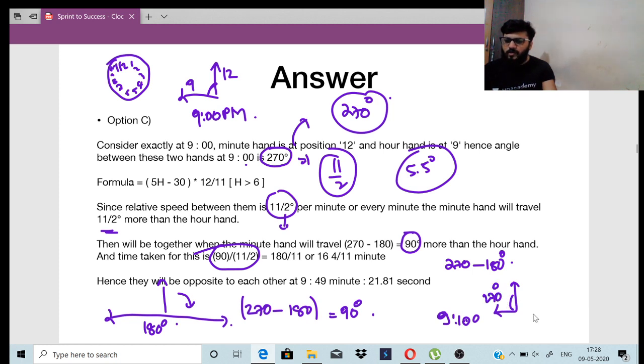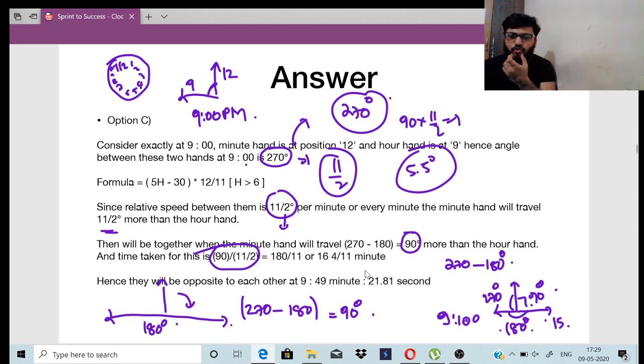For this to be 180, I need it to reach 9:15, a straight line of 180 degrees. 270 minus 180, how much is left? 90 degrees. Take the quadrants into reference if you are not getting the angles 90, 180, 270. What is the relative speed? 11 by 2. Multiply both of them: 90 into 11 by 2. It is nothing but 180 by 11, or 16 4 by 11 minutes.